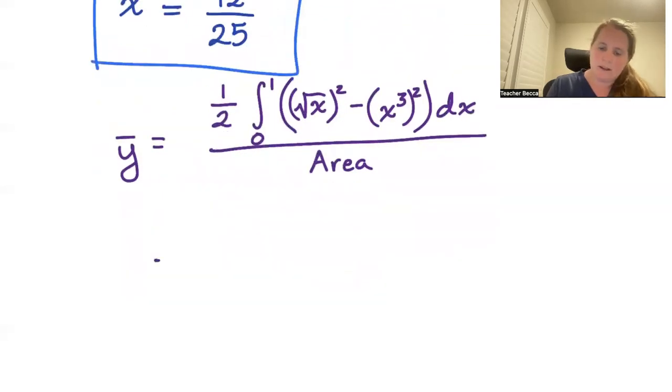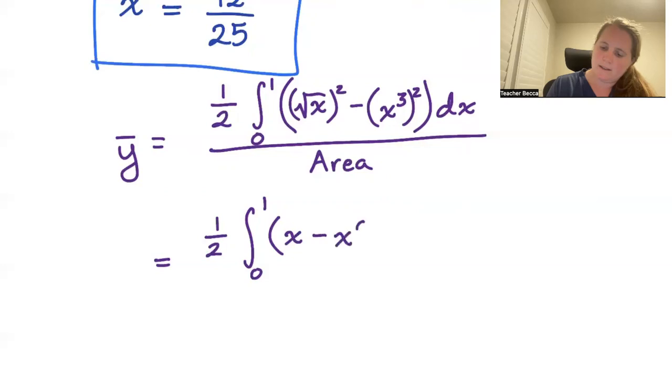So we are looking at 1/2 times the definite integral from 0 to 1 of x minus x to the 6th dx, all divided by 5/12.